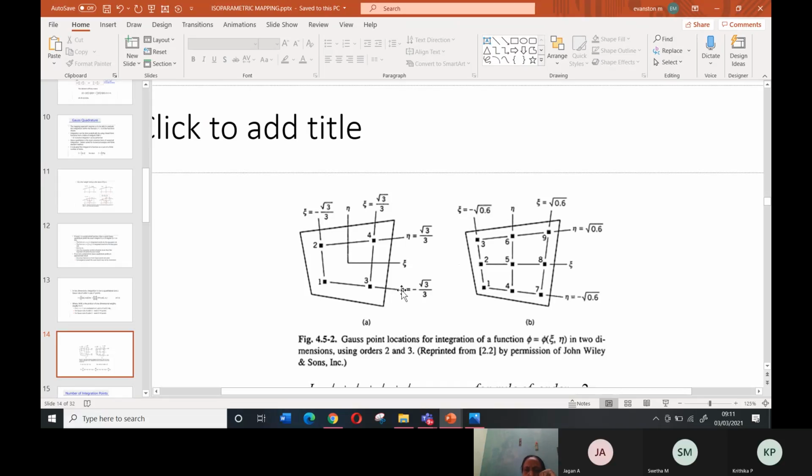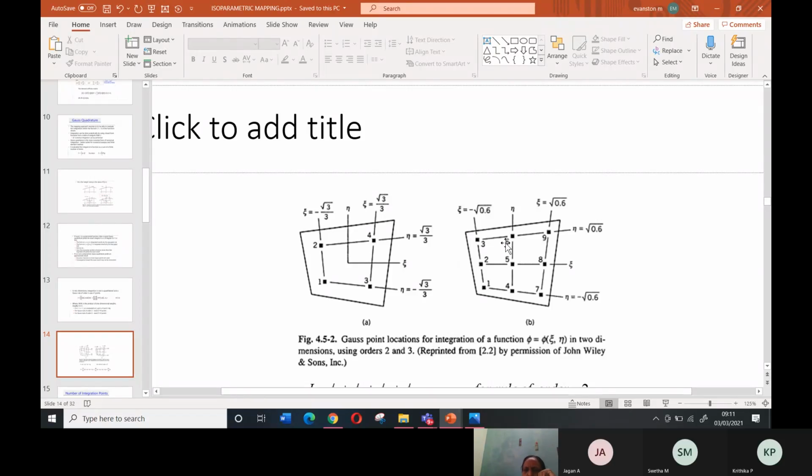Suppose it's a quadrilateral. You can take different points 1, 2, 3, 4, but the values of this distance are given as eta is equal to √3/3, and xi, epsilon, is equal to √3/3. So these are the points. Suppose instead of 4, I consider 6 points.